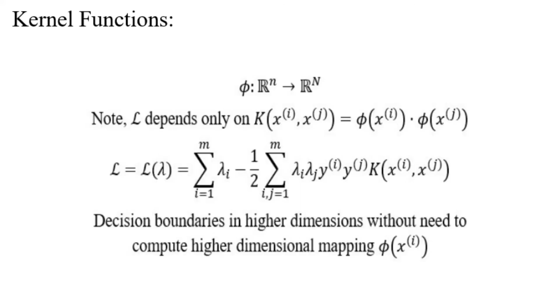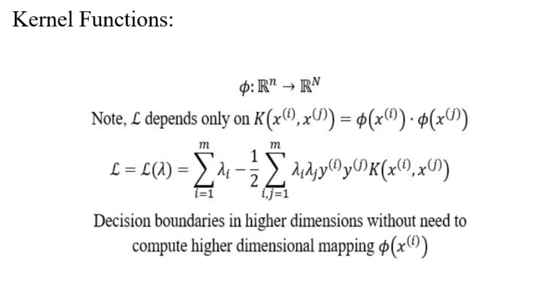Let's introduce the idea of kernel functions. The motivation is that sometimes the input data is not linearly separable, and we would like to achieve linear separability by mapping those input vectors to a higher dimensional space. The key observation is that the Lagrangian only depends on the inner product of the input vectors xi, and if we were to map our input vectors to a higher dimensional space using a map phi, our Lagrangian is still in terms of the inner product of the vectors.